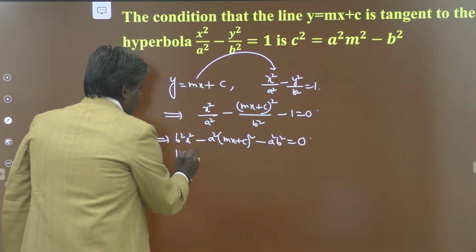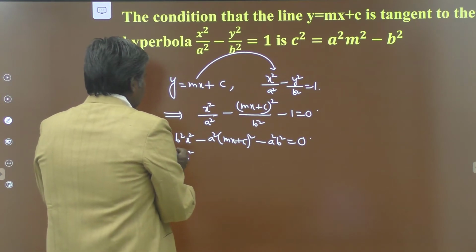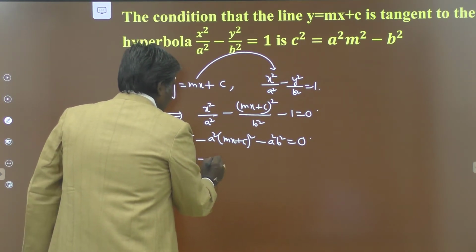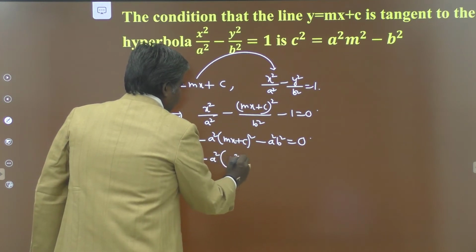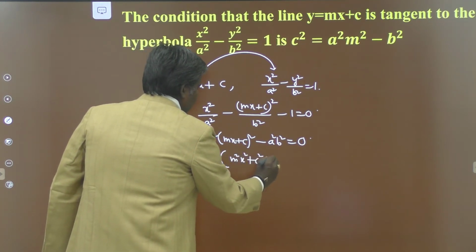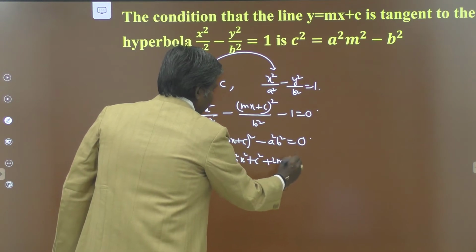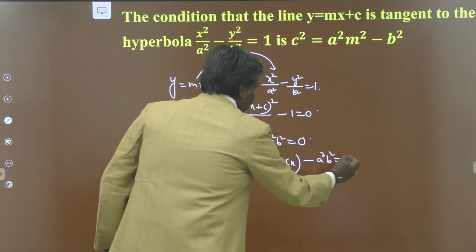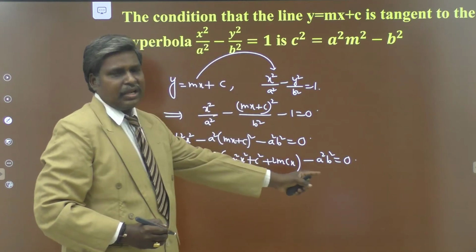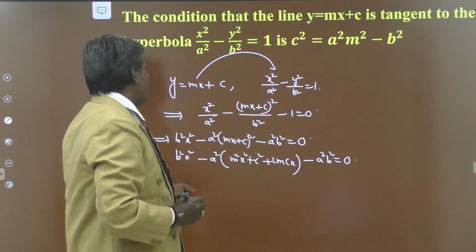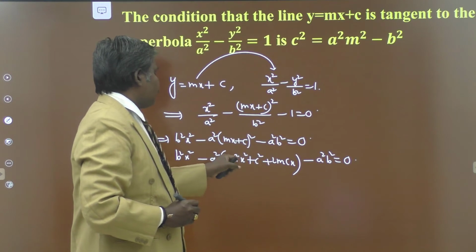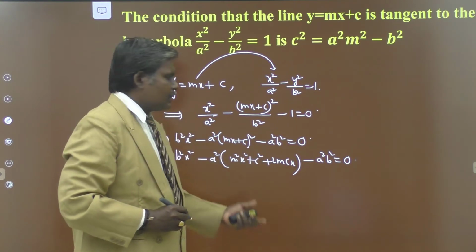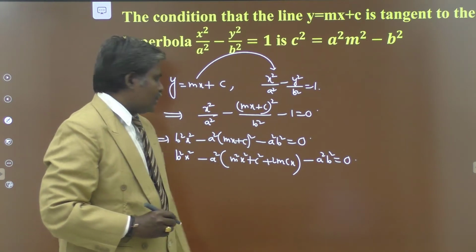So b square x square minus a square times (m square x square plus c square plus 2mcx) minus a square b square equals 0. Now we make it a quadratic equation in x, because m is fixed, c is also fixed, the only varying quantity is x here, so it becomes a quadratic equation in x.